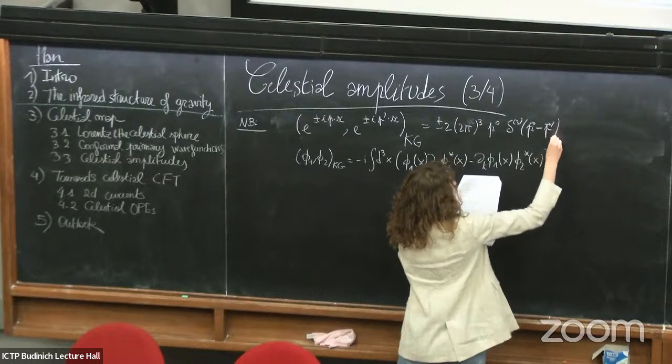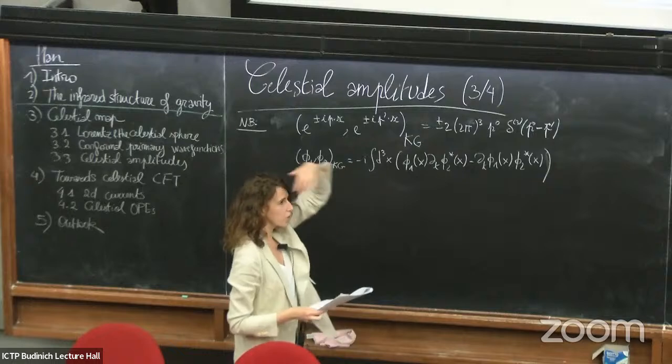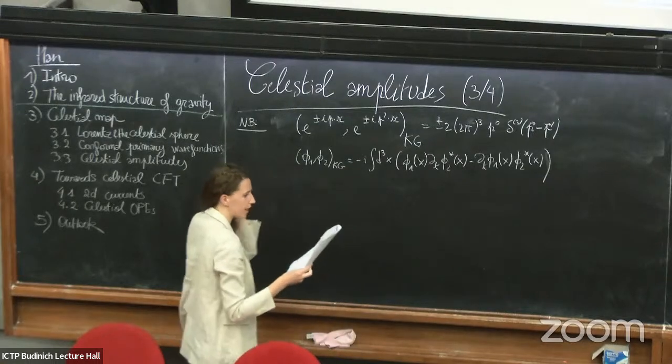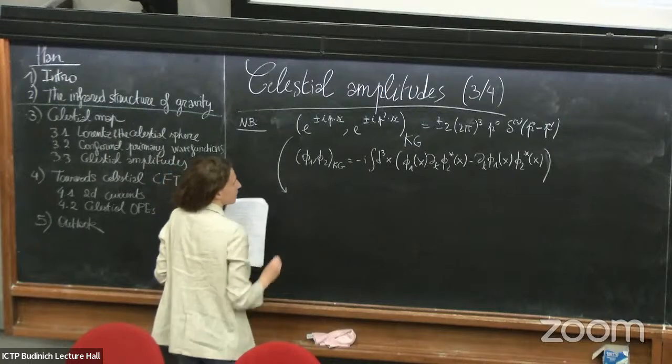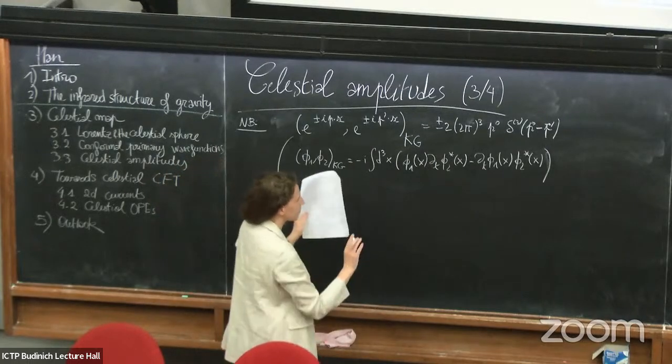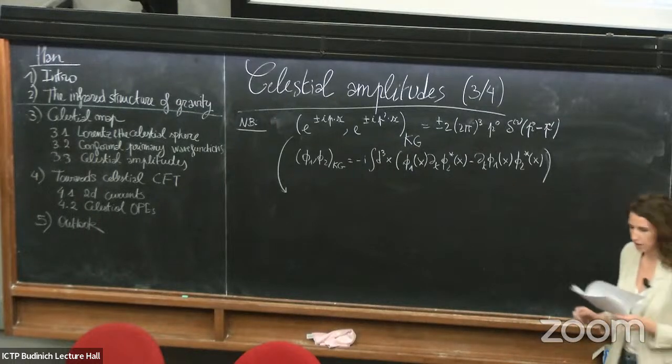Okay. So this statement translates into the celestial language in the following way. This statement will impose some constraint on the value of delta.